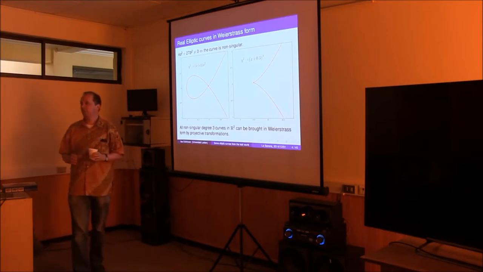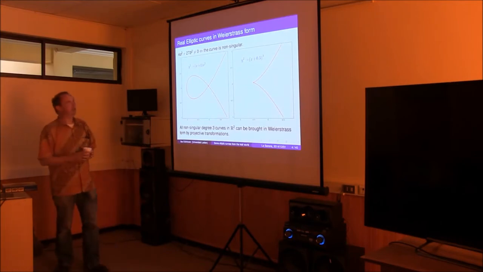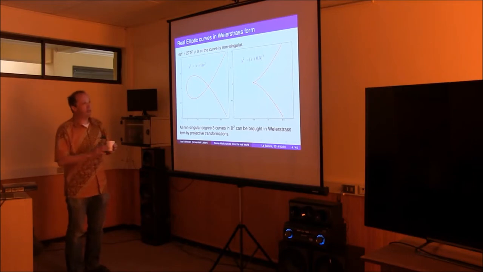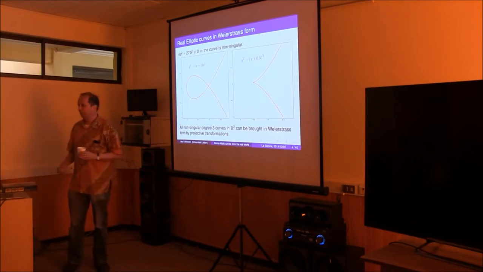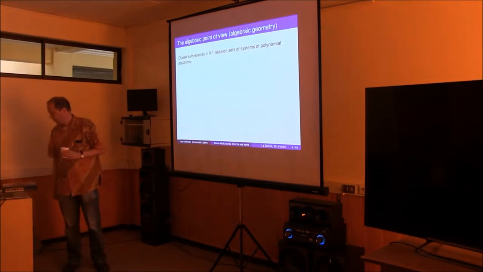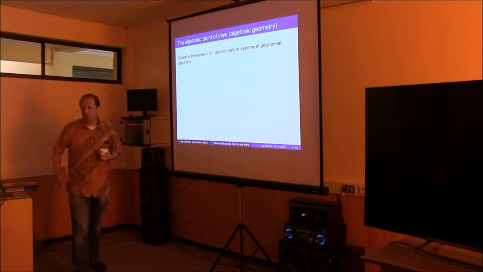So I don't want to go into that technical thing, but I just want to say that the equation that we look at looks a bit special, but in fact it is a kind of standard form for the general equation.